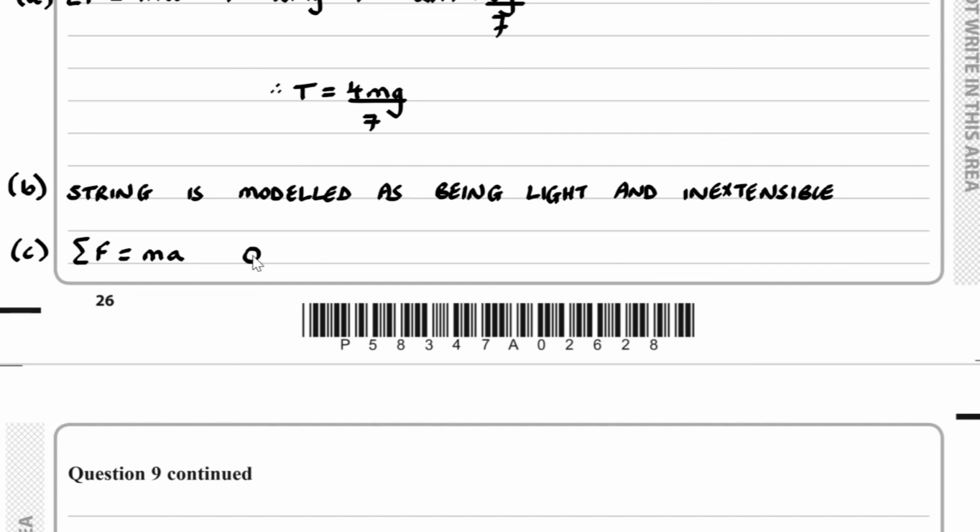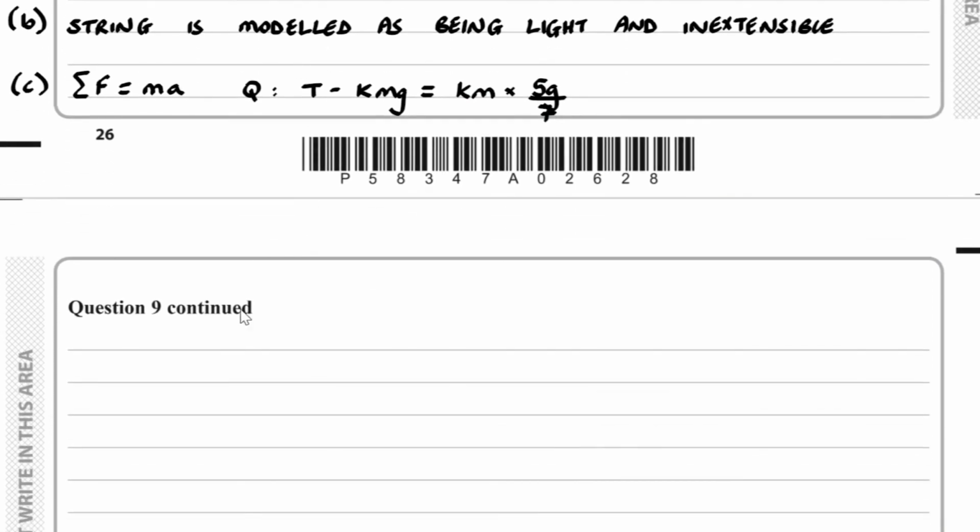And if I use this for Q, then I've got T minus kmg equals km times 5g over 7. And so, knowing what T is, I've worked that out to be 4mg over 7. I subtract from this kmg, and that's equal to 5kmg over 7.